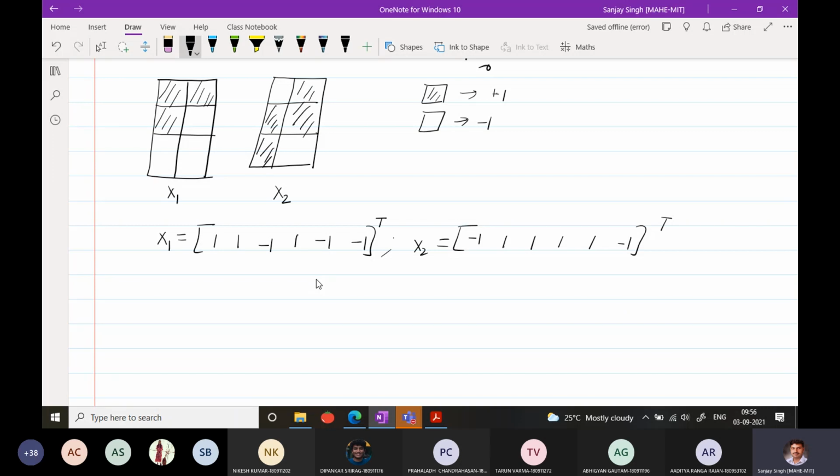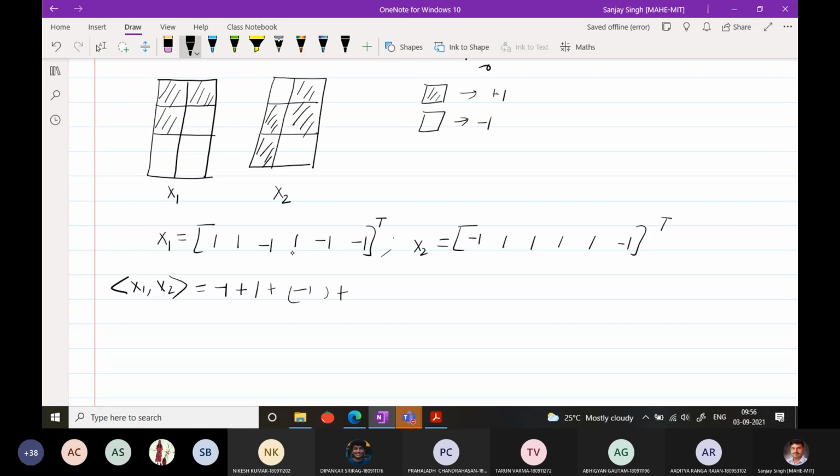That's why I reviewed the basic linear algebra on that day. So I have x1, x2. The dot product is 0. We'll see that 1 into minus 1, we have 1, plus 1 into 1, 1, plus this minus 1, this is 1, so minus 1.